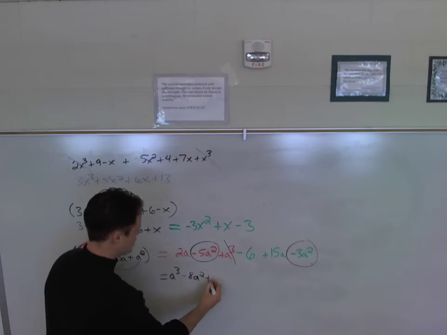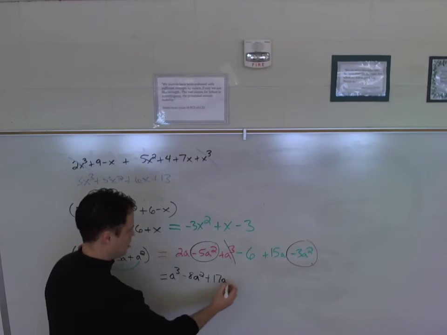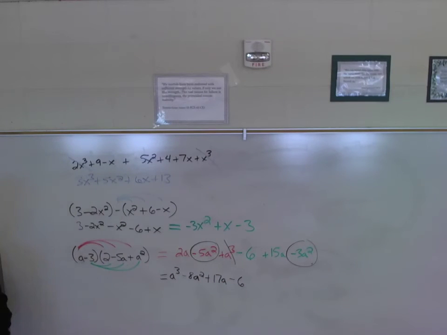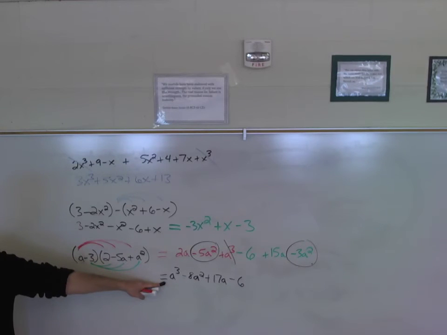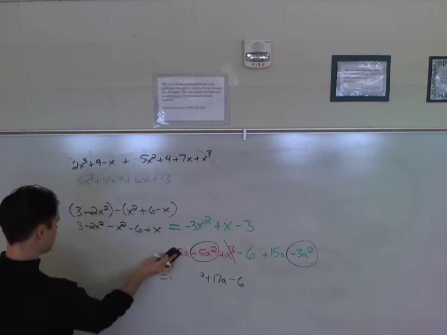Then 17 a's and negative 6. There we go. Descending order, set, ready to go. We could say it's degree 3, leading coefficient is 1. Constant term is negative 6. Great. Okay. 1 or 2 more, and I think we'll stop for today.